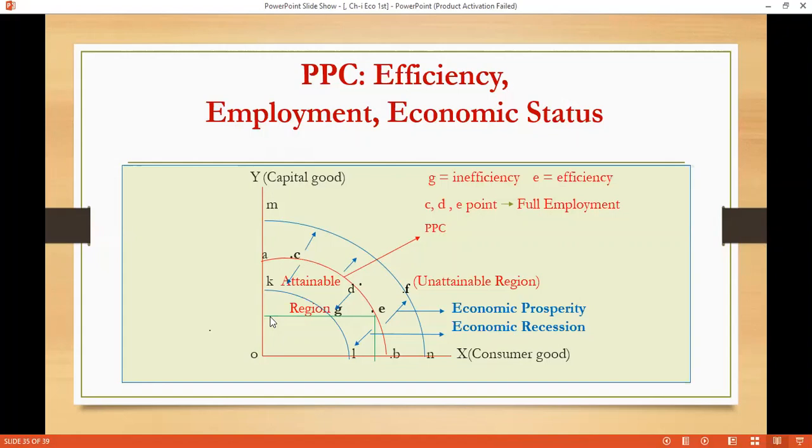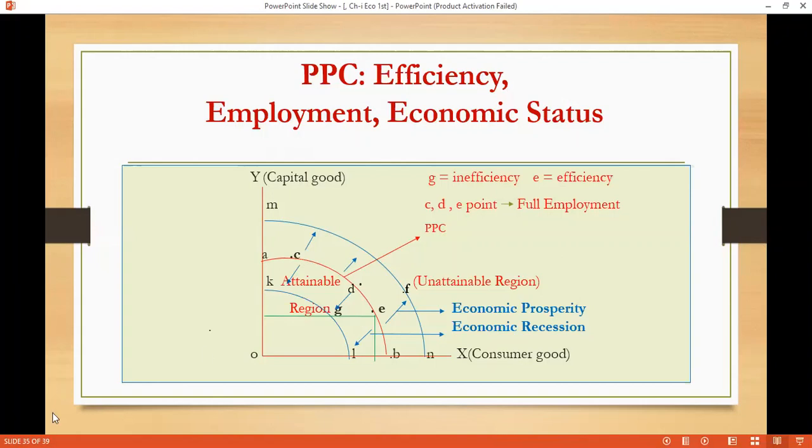And what about the lower PPC? When a country has an economic downturn, suppose there is any infrastructure problem, suppose for any war or natural disaster there is destruction of capital goods, or there is a decrease of human resource, a huge destruction of infrastructure, then a country can go backward.